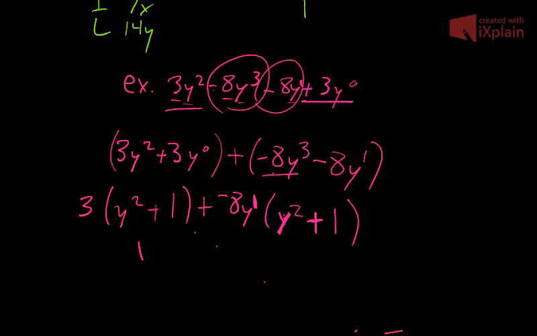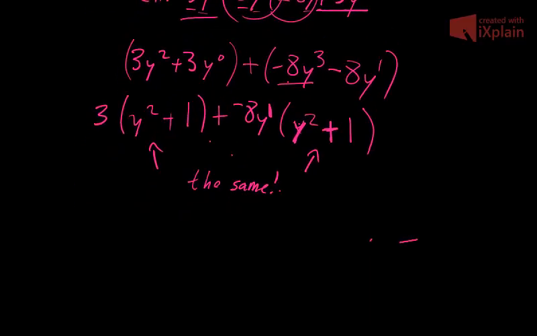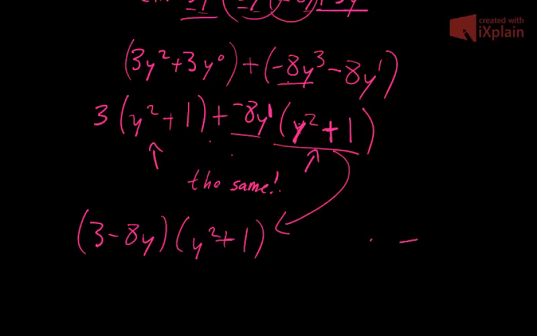And if we look, this and this are the same, which makes me happy, because what I can do now is have 3 minus 8y times y squared plus 1. So I just move this down to here and take these two terms and group them together inside my other parentheses, and that's going to be the new way I'm going to factor.